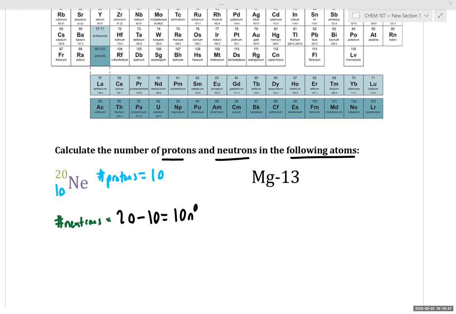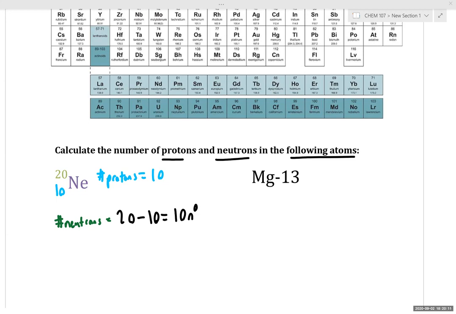The neon represented in the periodic table represents the average mass of all the isotopes weighted by abundance. So there's no symbol with a mass number for regular neon.